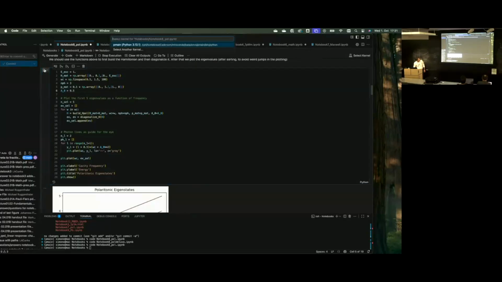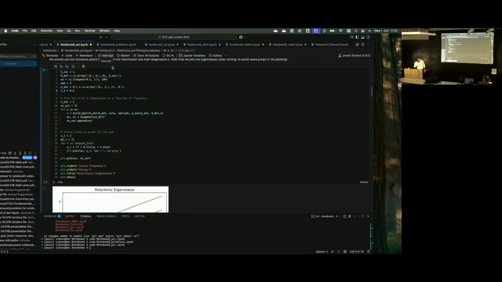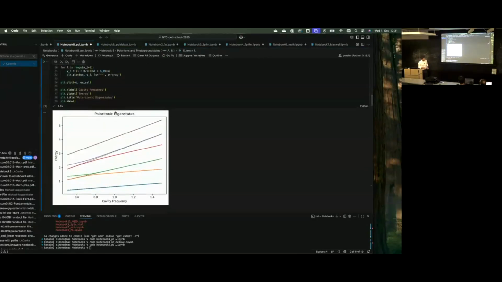Let's see how many errors I get. Oh. Then I need to start it from the beginning. Then you see this splitting here is getting bigger, right? So by changing the coupling, you're getting a bigger Rabi splitting.